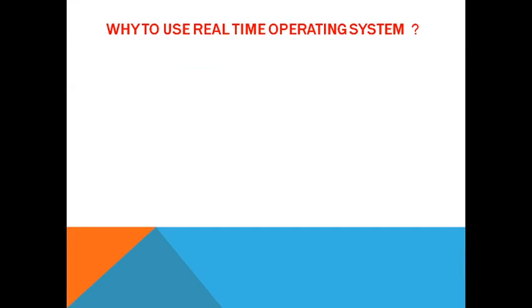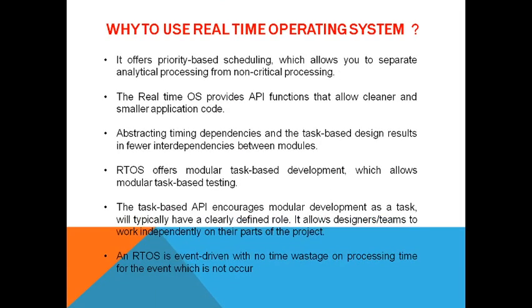Now why use a real-time operating system? What is the need and requirement for a real-time operating system? It offers priority-based scheduling. We know what the meaning of priority is. When we have several operations and we have to conduct all the operations together, on the basis of its priority that particular operation will be run, which allows you to separate analytical processing from non-critical processing.